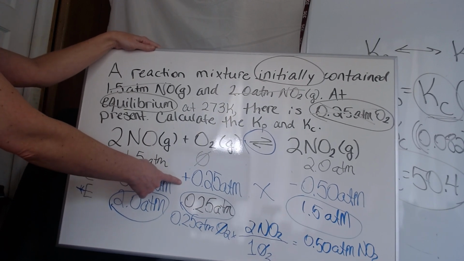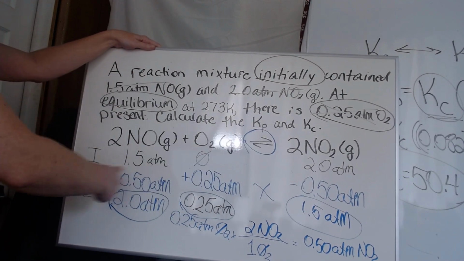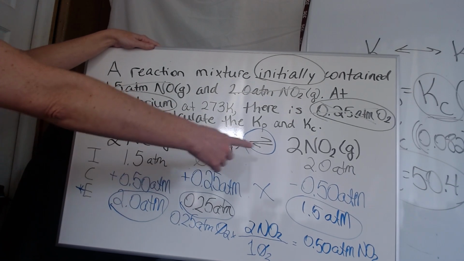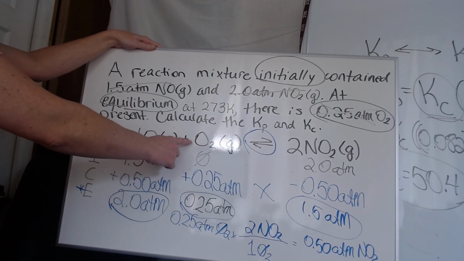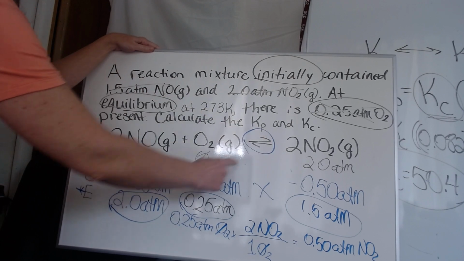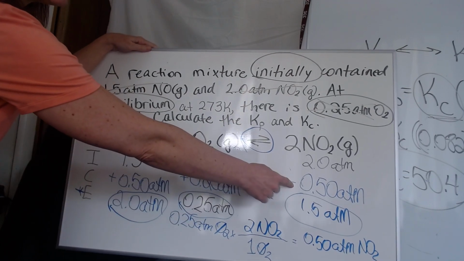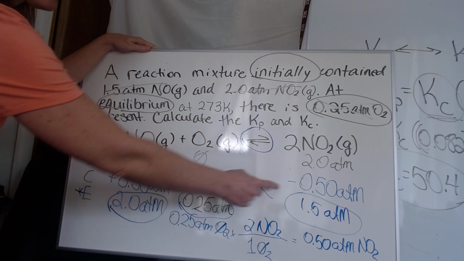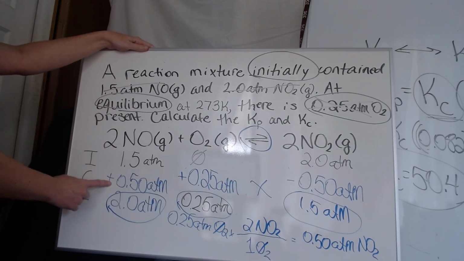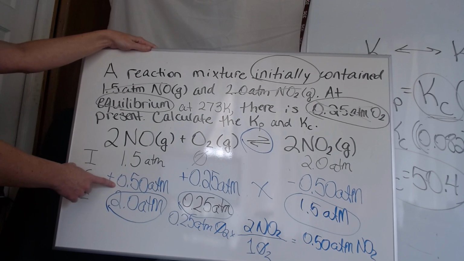This number is a mole-to-mole ratio with all of the other ones in the change row. And so this is 1 versus 2. So this number should be a 1 to 2 ratio. This has to be twice as big.